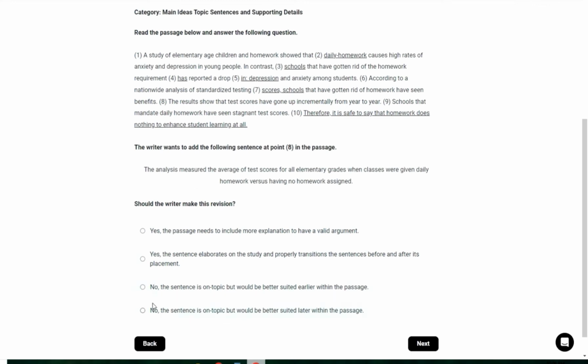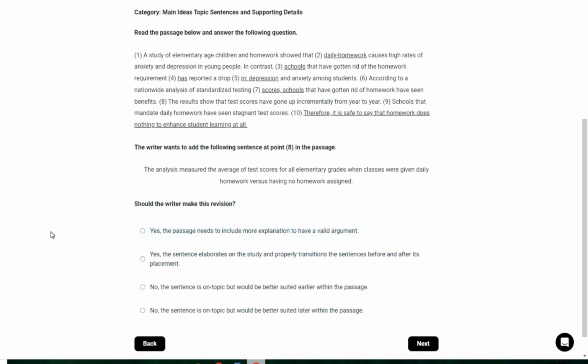Okay, so no is going to be out of the question, so it has to be either A or B. A, the passage needs to include more explanation to have a valid argument. Interesting. Now I don't necessarily agree with this claim because before it was even added, it still made sense. It's talking about how scores have gone up incrementally from year to year. So I don't think it's necessary in order to have a greater explanation and to make it quote unquote more valid.